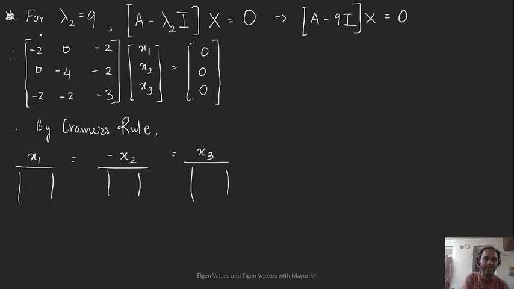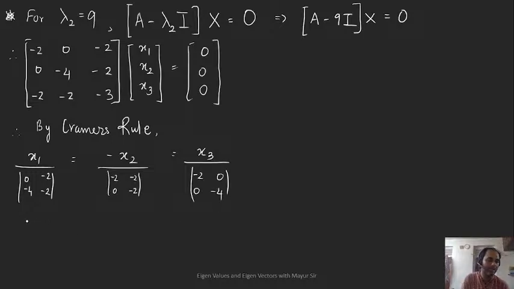So we fix the first two rows and delete columns one by one. When we delete the first column, we get 0, minus 4, minus 2, minus 2. Then when you delete the second column, you get minus 2, 0, minus 2, minus 2. And when you delete the third column, you get minus 2, 0, 0, minus 4.